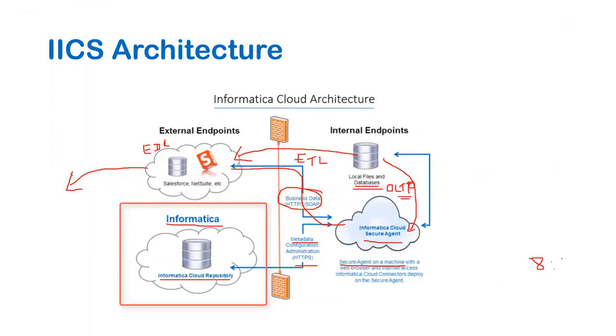For example, if you have to run the flow at 8 o'clock, the scheduling and all the information will be stored in the Informatica Cloud repository. At 8 o'clock, it will trigger, and through this information it will take the data, say today's data, from here. Through this, it will create the connection, and then it will load it here.